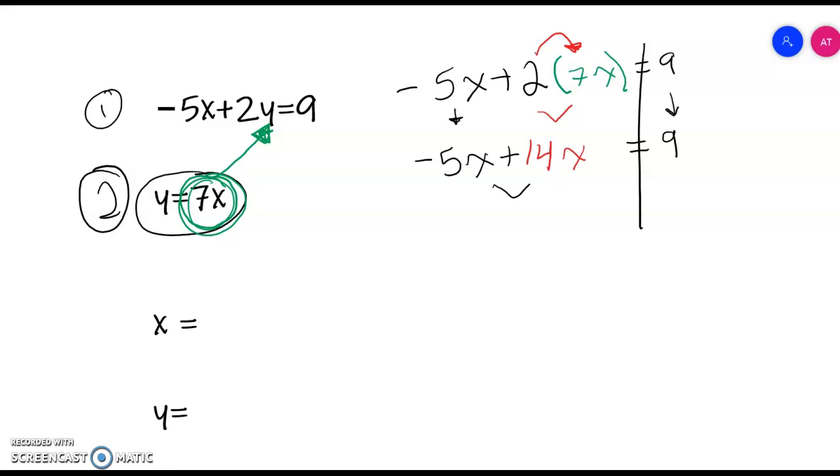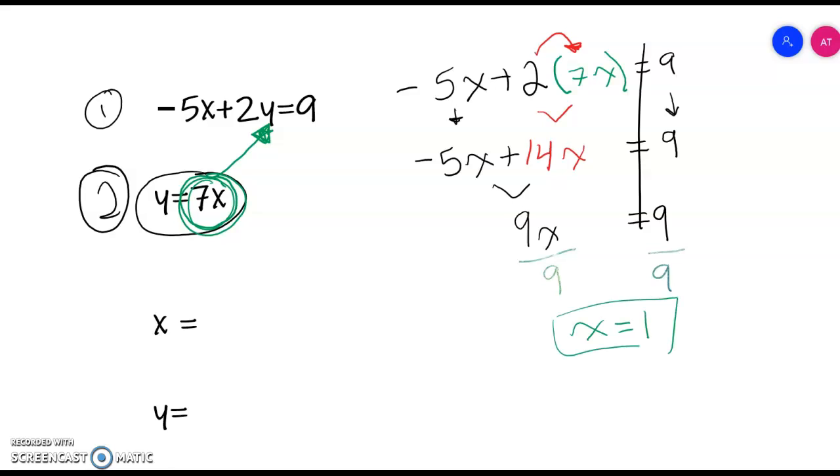If I owe you $5 and I give you 14, how much money should you be giving me back? $9, of course. So I have 9x equals 9. In order to get the x by itself, all I need to do is divide by whatever's attached to the x, which happens to be a 9. So I divide both sides by 9, and I get x equals 1.